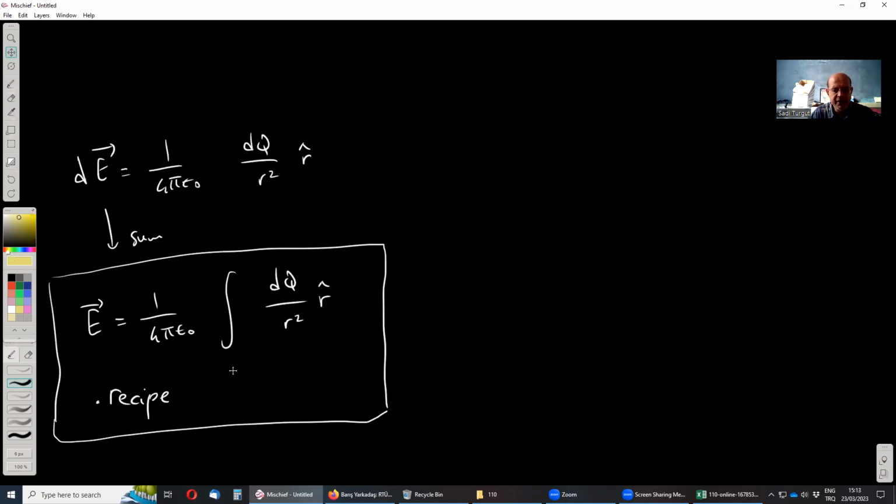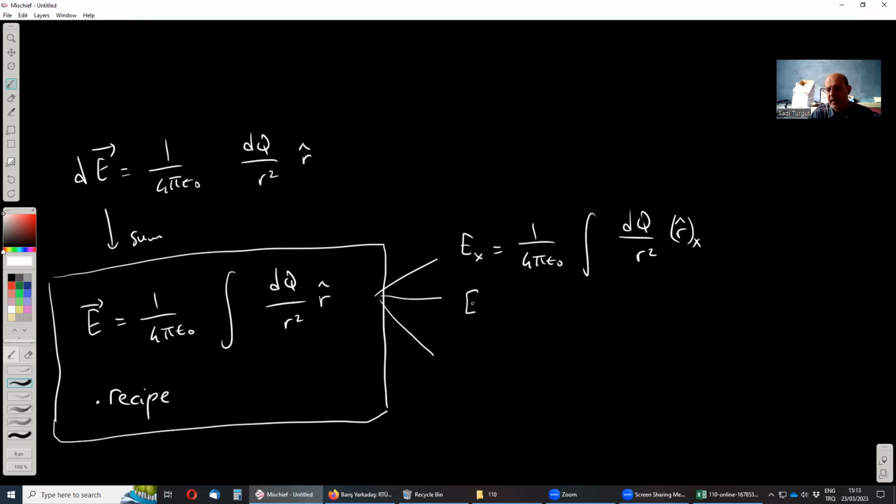So this integral can be decomposed into the x, y, and z components. I need to write down the x component of r hat and then do the integration, and repeat the same thing for the y component and for the z component as well.